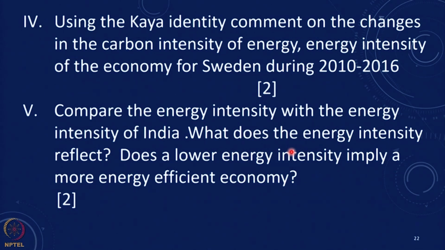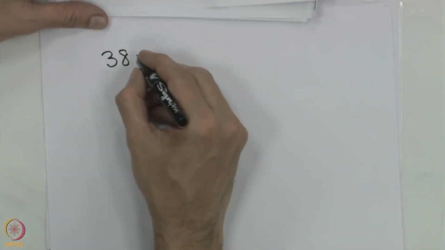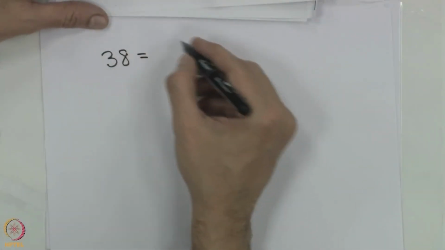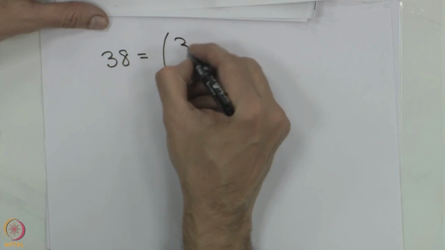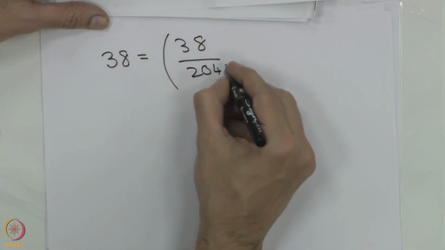If you look at Sweden for 2016, the total CO2 emissions is 38, so this is 38 by 2048.